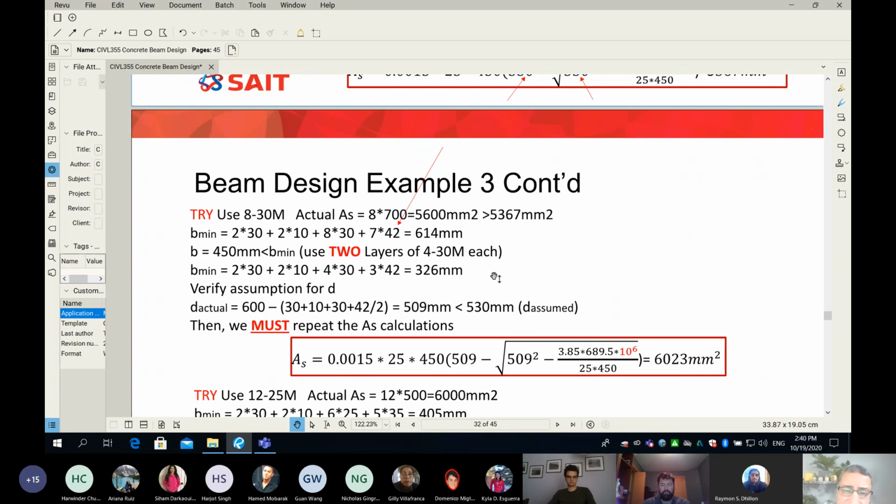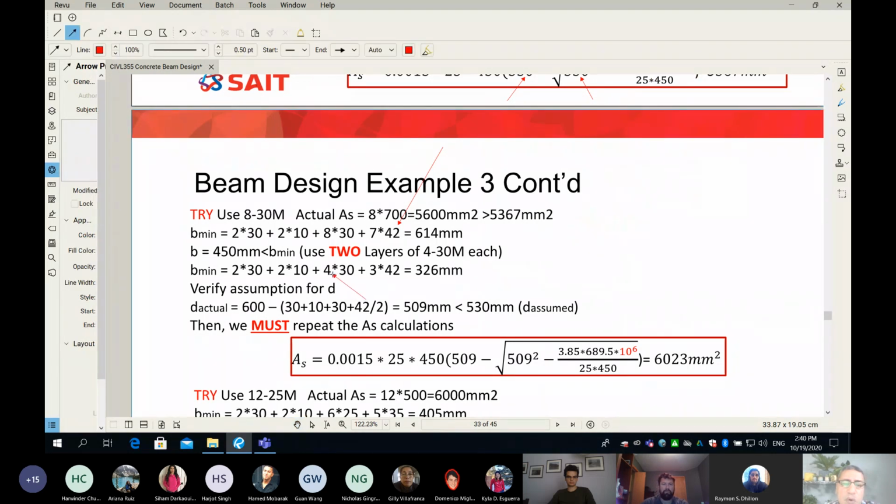Remember, B minimum is based on the assumption of one layer. So what I did here is I repeat the same process, but trying to find another B minimum, but based on how many? Can you read that? 4. Because we have 4 bars and we have 3 spacing. So if you want to lay 4 bars in your beam with the proper cover and spacing, you need 326.